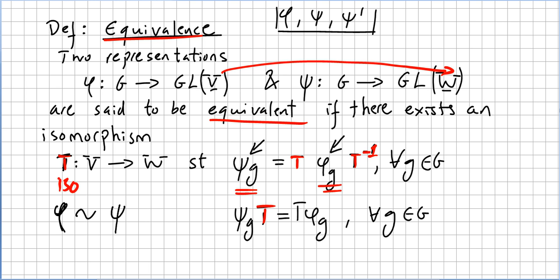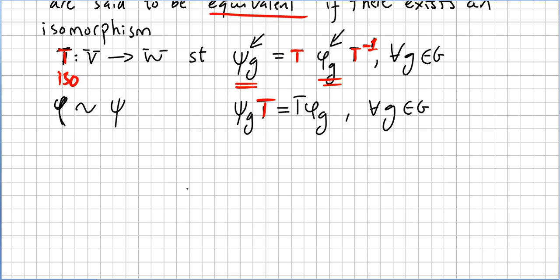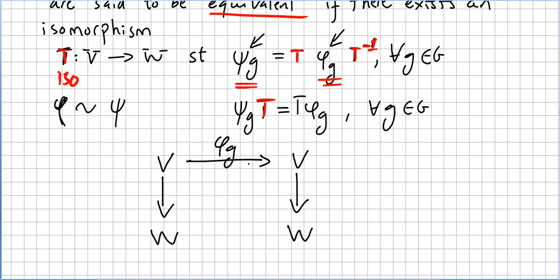Let's draw a picture here, I think it's easier. We have space V going to W, and I'm going to write this two times, V going to W. Phi of g is taking V to V. And what about W?